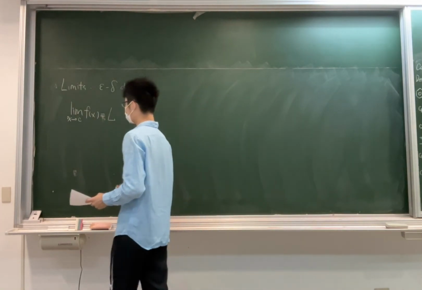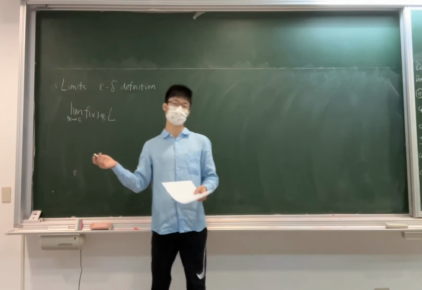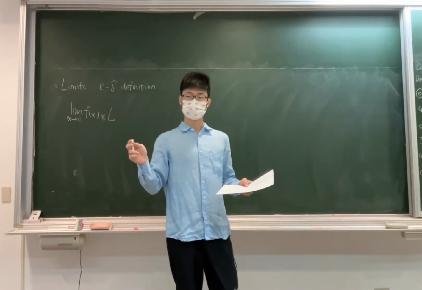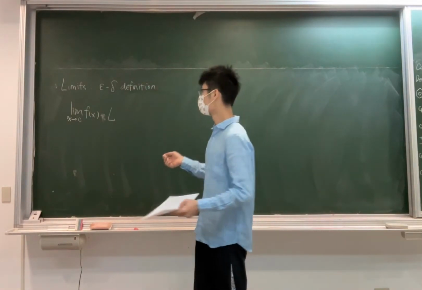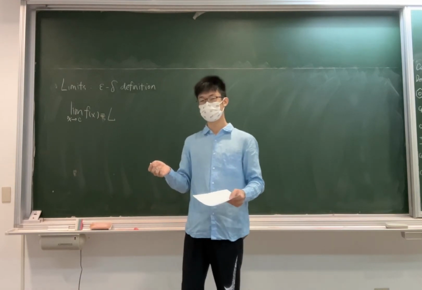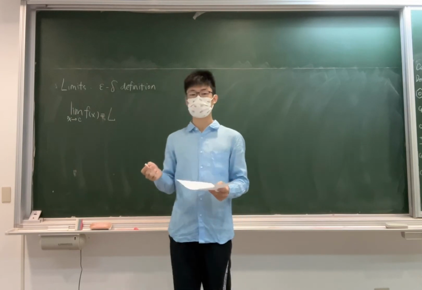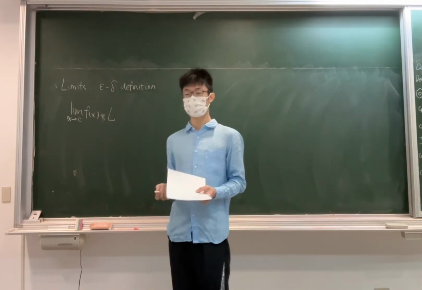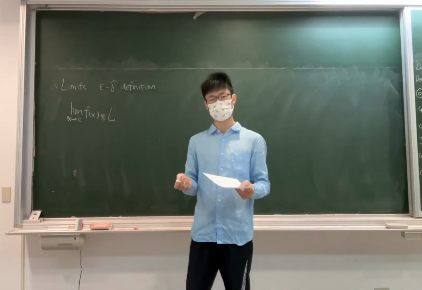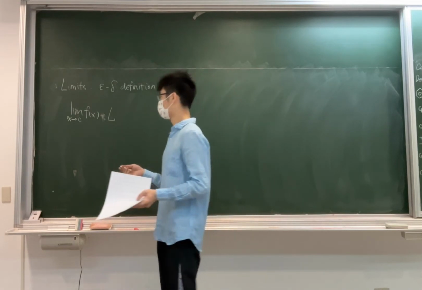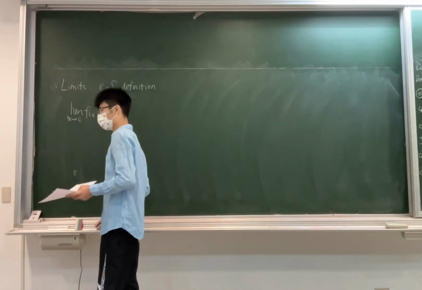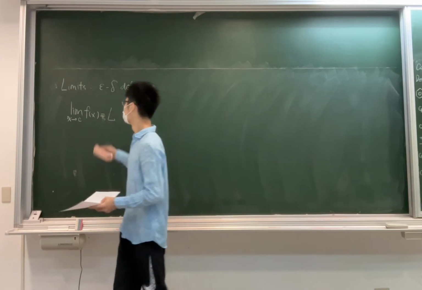But this is quite ambiguous because we don't know what approach means, right? And we don't know how they can approach, and how close the approach can be. Also, can we compare or relate two approaches? Those things we don't know so far.